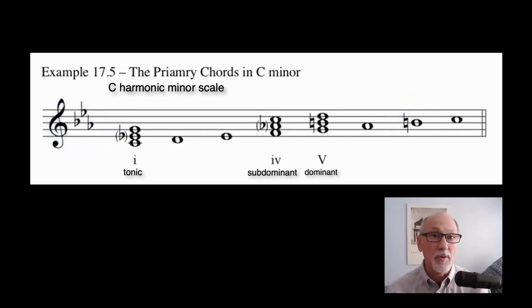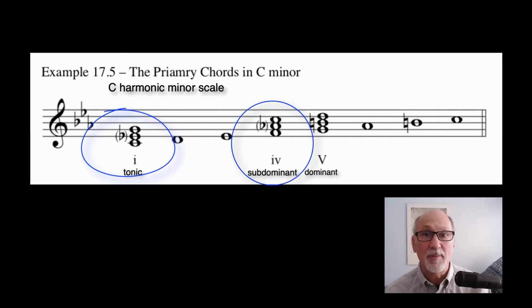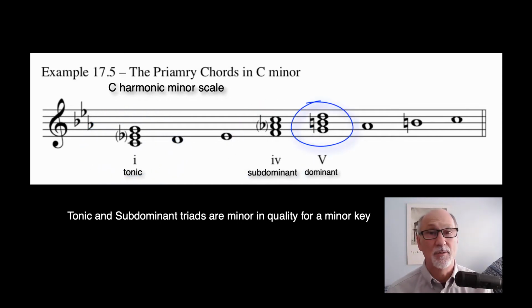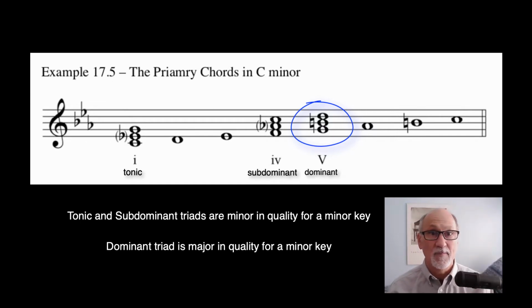Now, in a minor key, both the tonic and the subdominant triads will always be minor in quality. The dominant chord, however, because of the raised leading tone in the scale, the seventh note that's raised, is going to be major in quality, just as the dominant triad is major in quality in a major key.